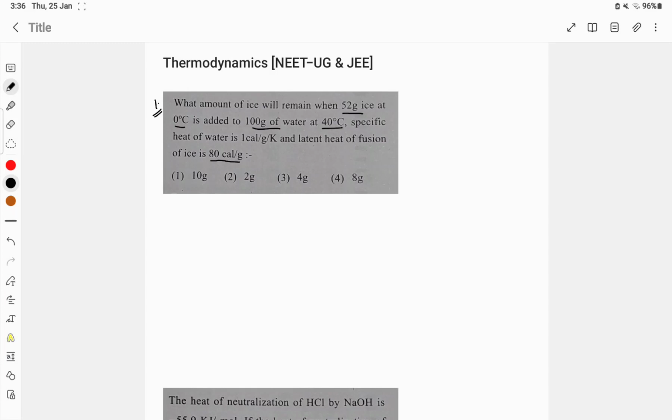Okay, here there is ice at 0 degrees Celsius and it is added to 100 gram of water. In doing so the ice will be converted to water. He asks how much amount of ice will remain. Okay, then let's start.